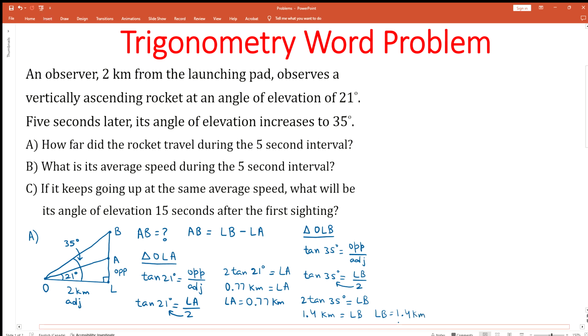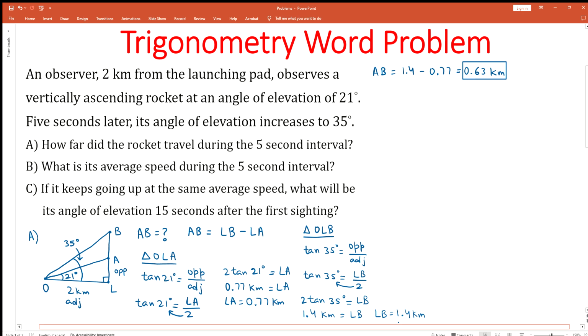Now we can find the length of line segment AB. So AB is equal to 1.4 minus 0.77, which is equal to 0.63, and the unit is kilometers. This is the distance the rocket traveled during the 5-second interval. This should be the final answer for part A.